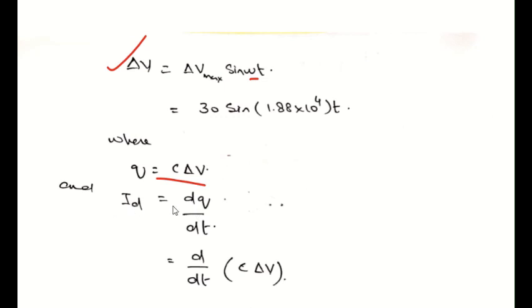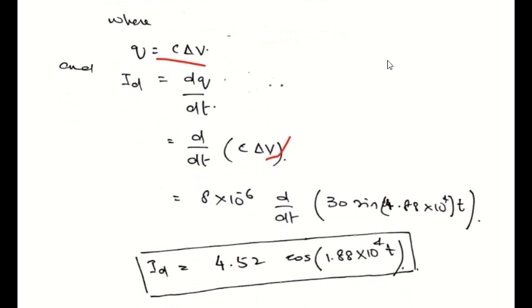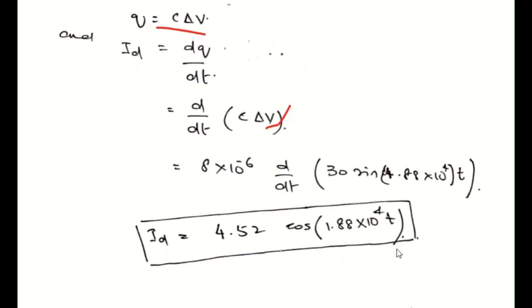So for displacement current we have the rate of change of charge, and by putting in the value of q over here and then replacing delta V from here, we differentiate it with respect to time, and we get the value 4.52 cos of 1.88 times 10 raised to the power 4 t.